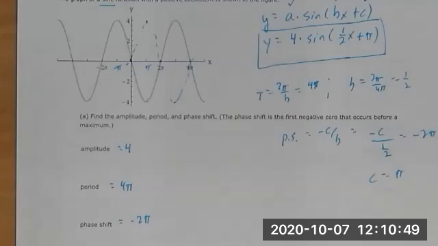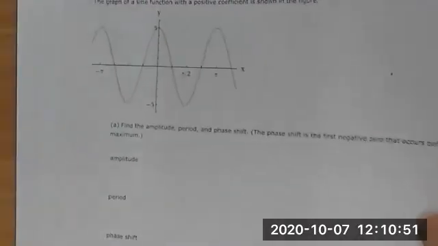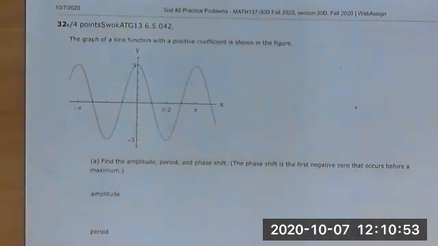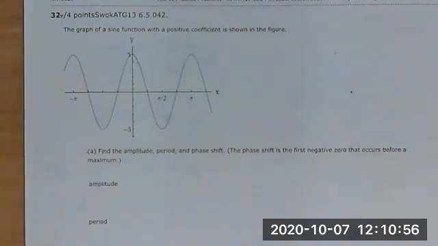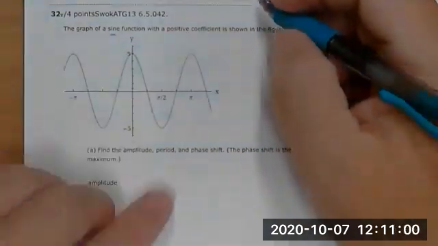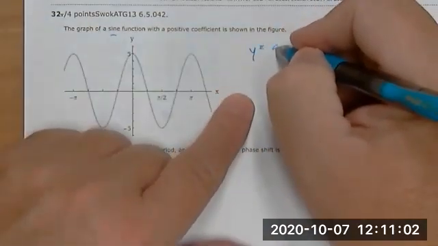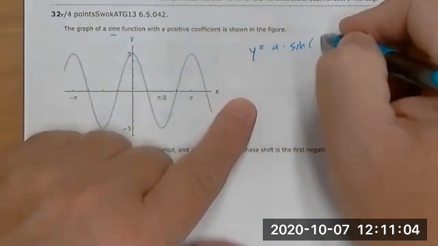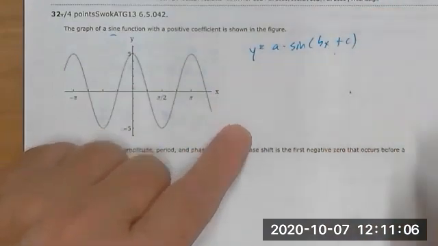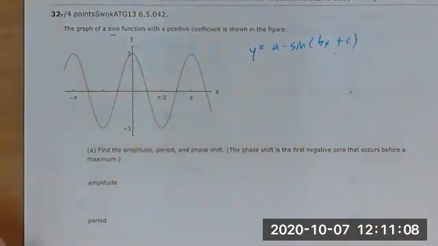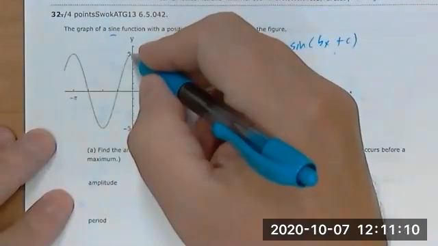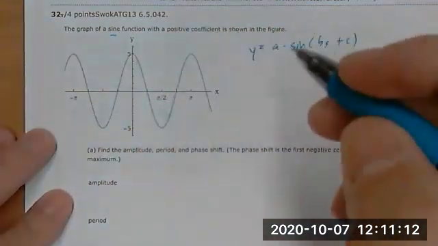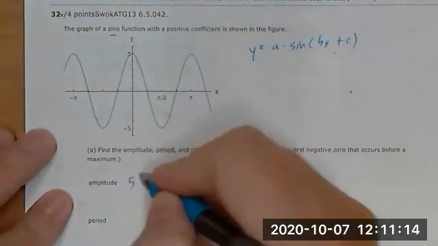Like we have one more where they give us a graph. Sine function. Would have been nice to do a cosine, but anyways. Amplitude obviously is 5, so A is 5.